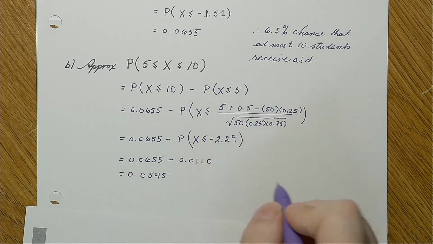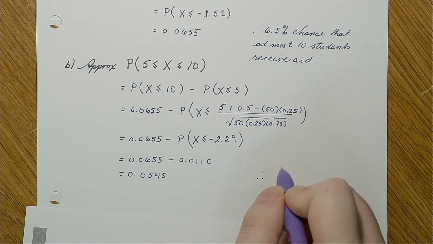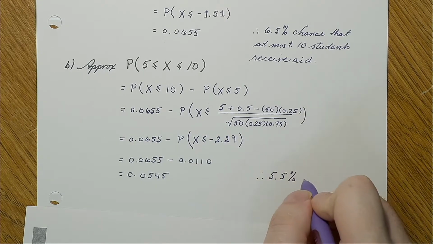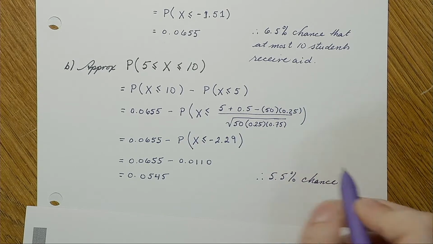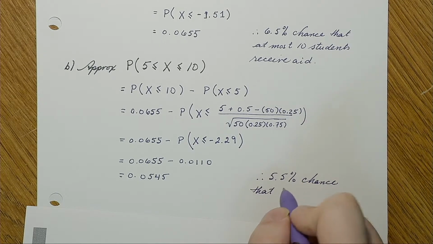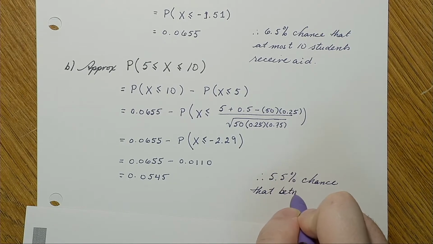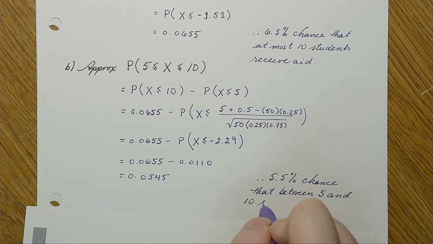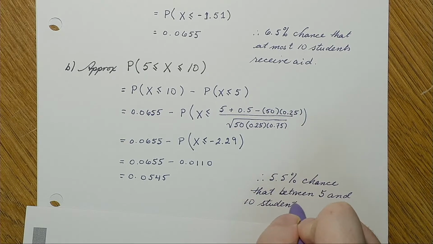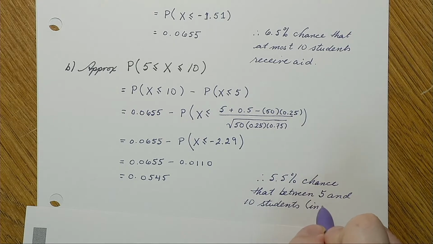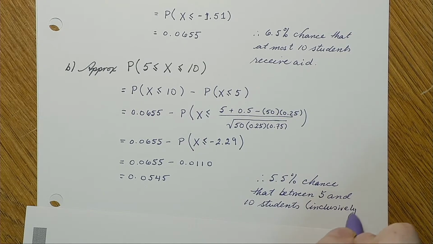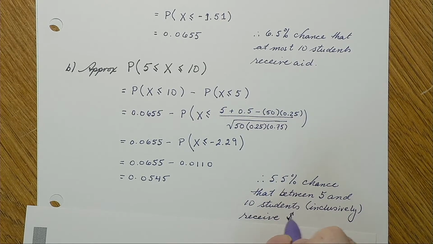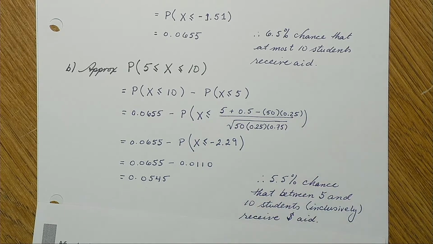So that would be approximately a 5.5% chance that between 5 and 10 students, and notice that this is inclusive, receive financial aid. Okay.